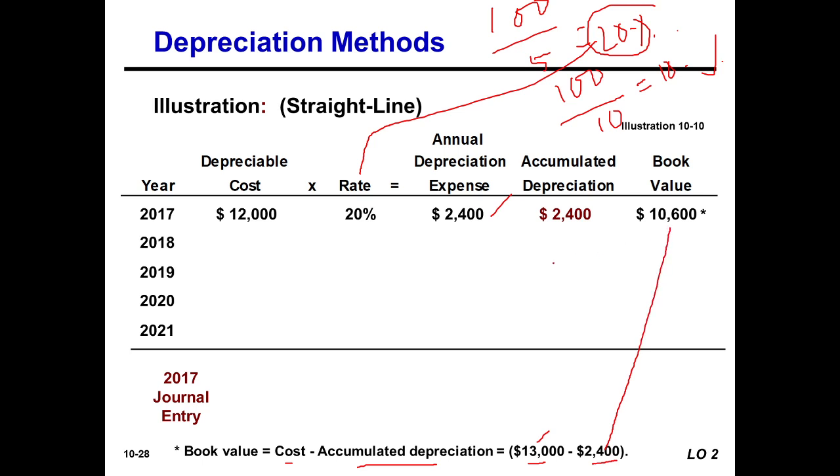Number 2, journal entry: depreciation expense 2,400 and accumulated depreciation 2,400. Here depreciation expense is the annual depreciation expense of 2,400 and accumulated depreciation 2,400.